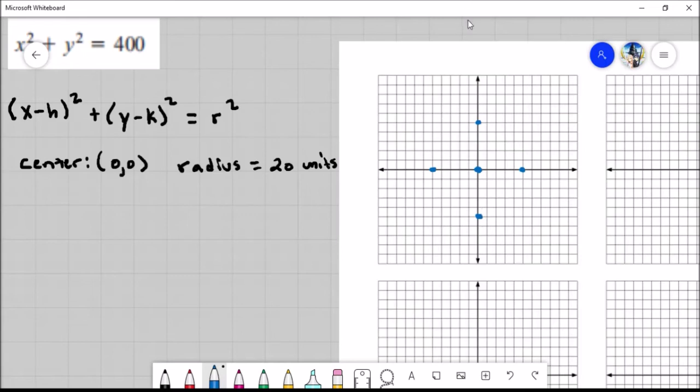Then I'll just draw my circle as best as I can by connecting the dots. There's my circle, quote unquote. But yep, that's all there is to it for those circles.